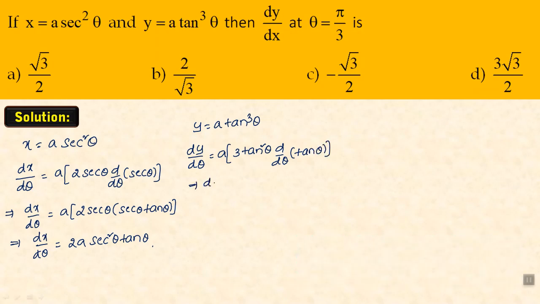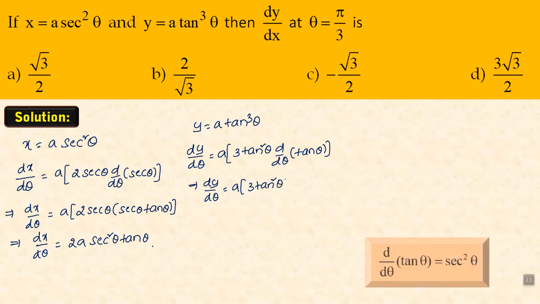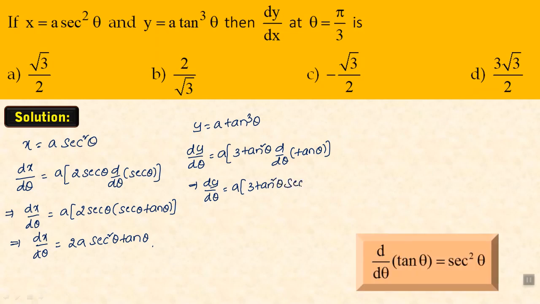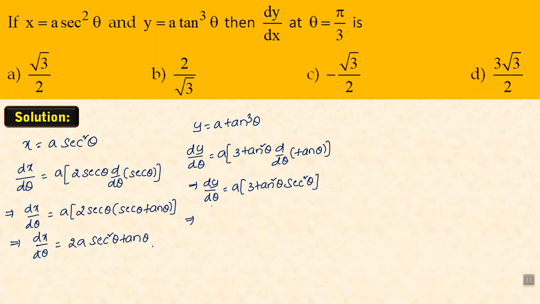This implies dy by d theta is equals to a into 3 tan square theta into, differentiation of tan theta is secant square theta. This implies dy by d theta is equals to 3a into tan square theta into secant square theta.